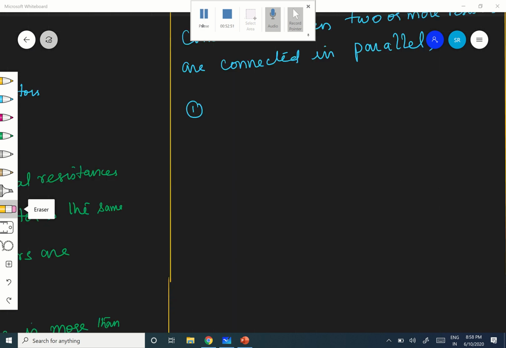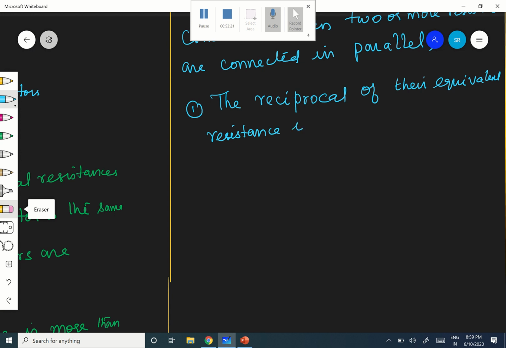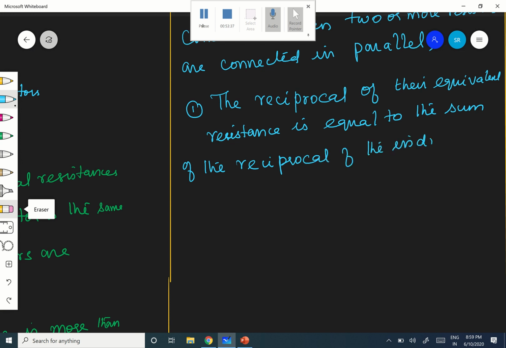the reciprocal of their equivalent resistance is equal to the sum of the reciprocals of the individual resistances.